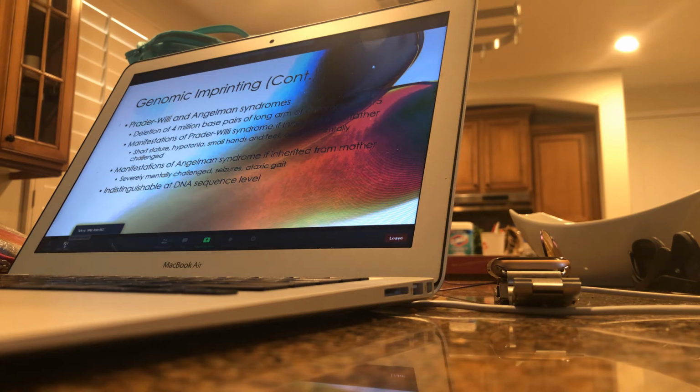It's going to be on the long arm of chromosome 15. So chromosome 15, if we're looking at the karyotype chart, it's going to look at the upper larger portion of, again, chromosome 15. So if we delete 4 million base pairs, this still means basically a lot of different instructions. What it can end up with and manifest as would be a couple different things.